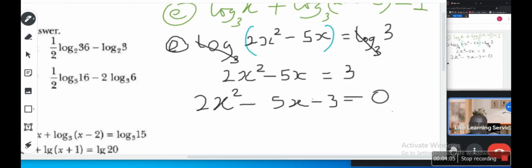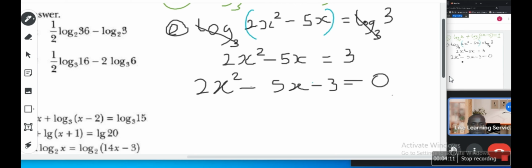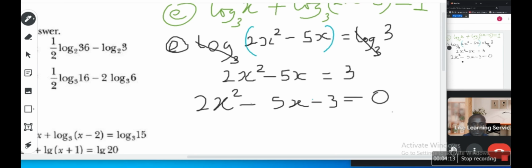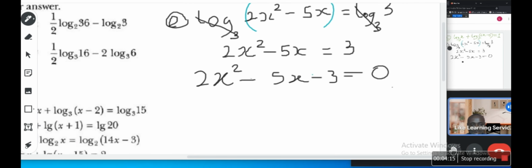So now, the factors are. You know how to factorize, do you? You're trying to remember. Normally you will do 2 times 3, which is 6, or minus 6. What are the factors of minus 6?